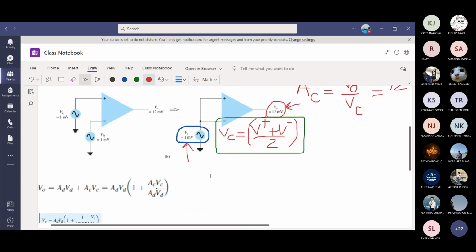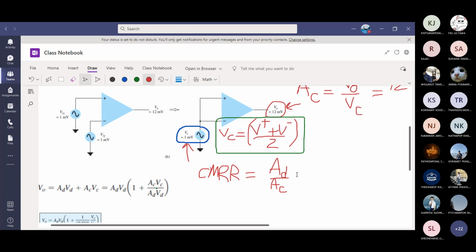What is the formula for CMRR, the common mode rejection ratio? Let's say you just want a ratio. You take AD over AC. What will you get? 8,000 divided by 12. What is the value? You get 666.67.